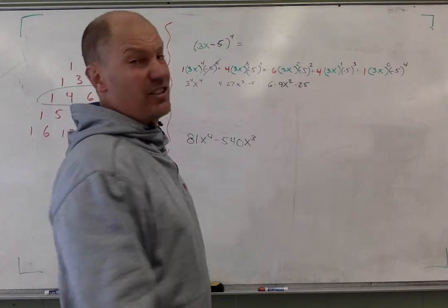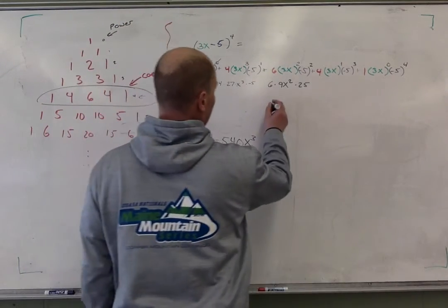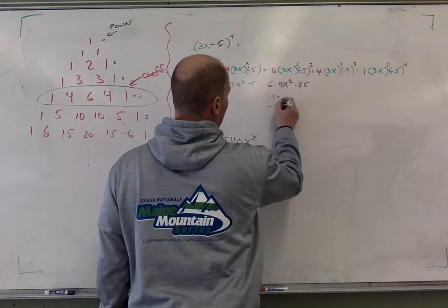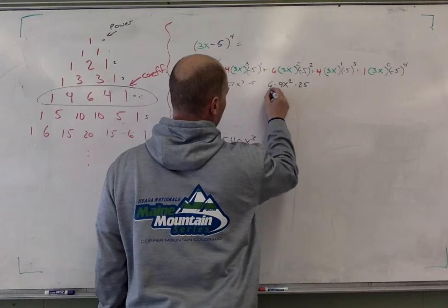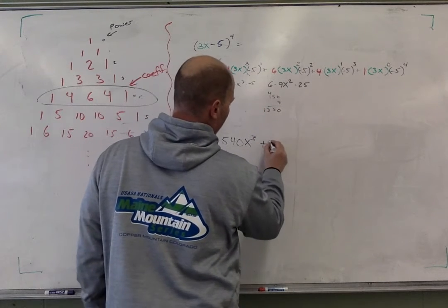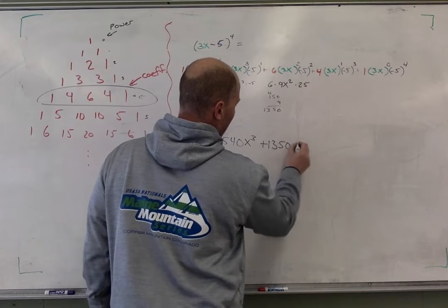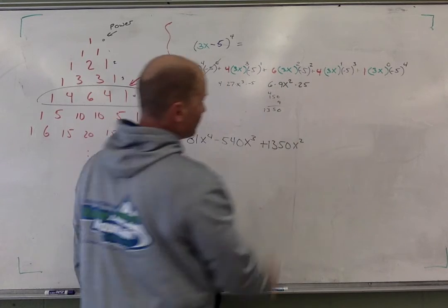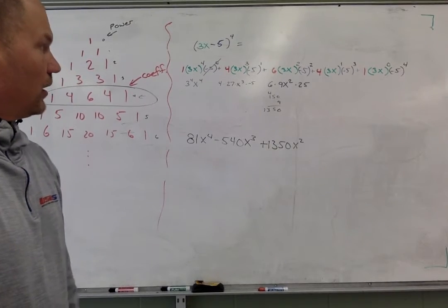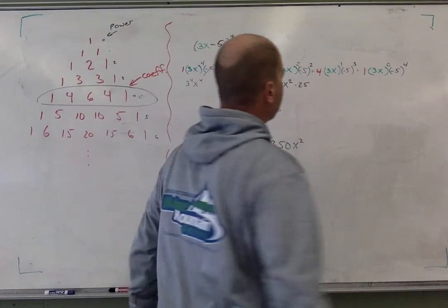I think I'm getting 1350. 150 times 9 is 0, 45, 4. Yeah, 1350. That was right. And it's going to be positive 1350x squared. Hopefully that was the biggest one. And then we've got to move to the next one.